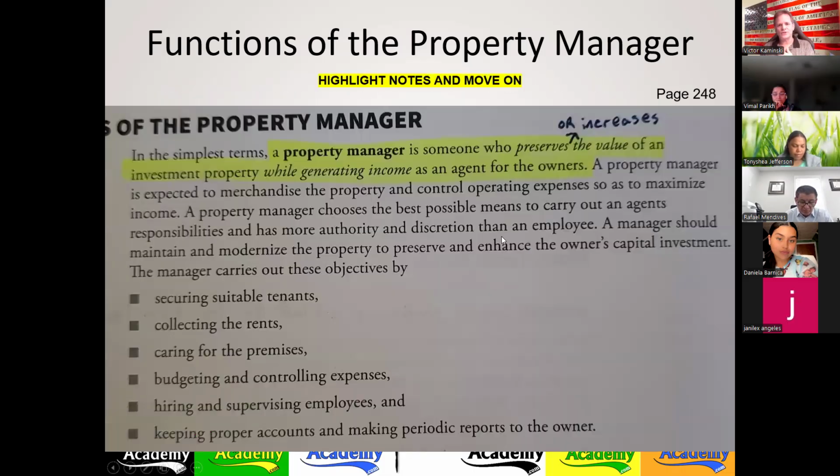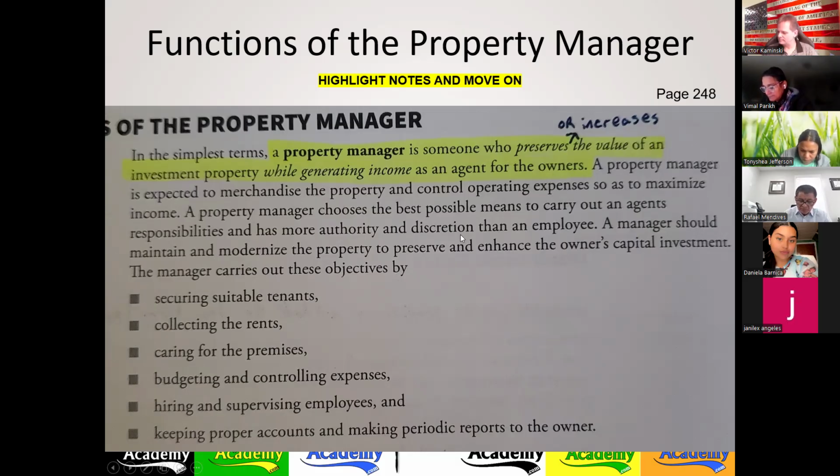So I want you to change that definition slightly there on page 248 for what is the primary function of a property manager. Who preserves? Put in there a little arrow where it says a property manager is someone who preserves. I want you to also pencil in there "or increases the value of an investment property while generating income as an agent for the owner."